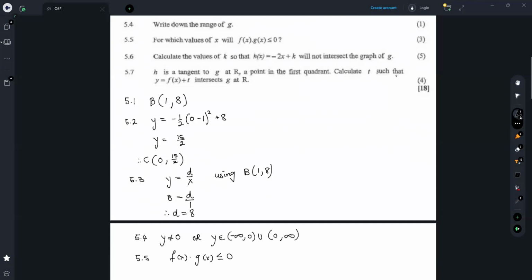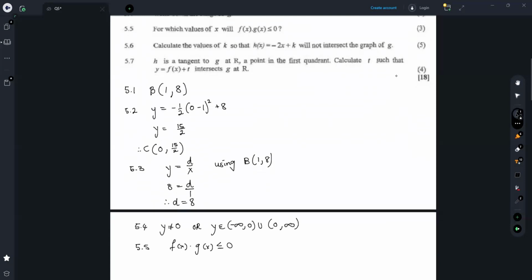So how could you read this piece of information? If I take a y value of f, remember f of x is a y value, and I multiply it with a y value of g, I want those two y values to give me either a negative number or a 0.